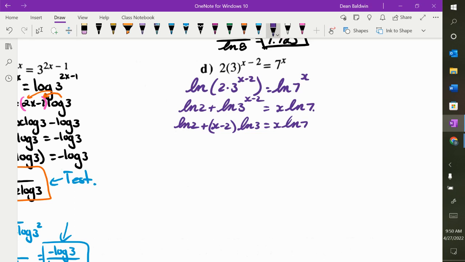What do we do now? What do you have to get rid of? Brackets. You have to multiply the natural log of 3 into the brackets. So this has to go in here.